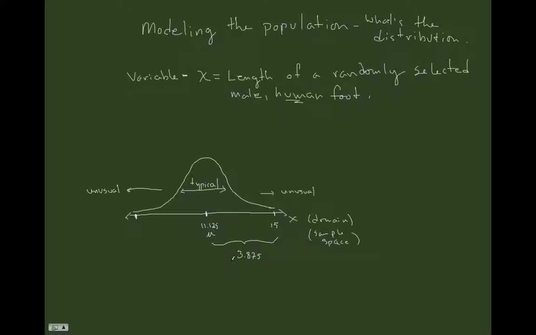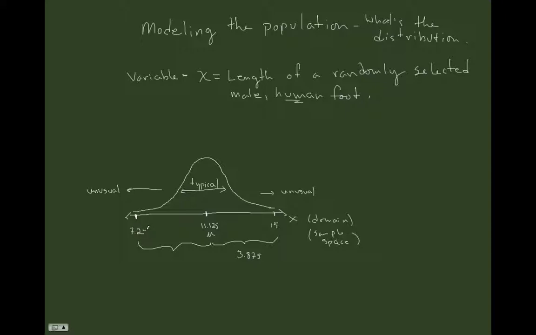And so we could argue that it makes sense to say, because of the symmetry, that the unusually small-footed males would be down here at 11 and an eighth minus 3 and 7/8. And that puts us down here at about 7 and a quarter inches.